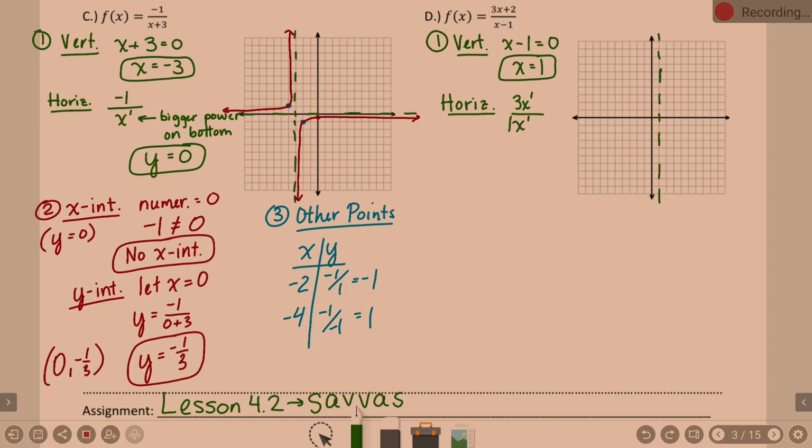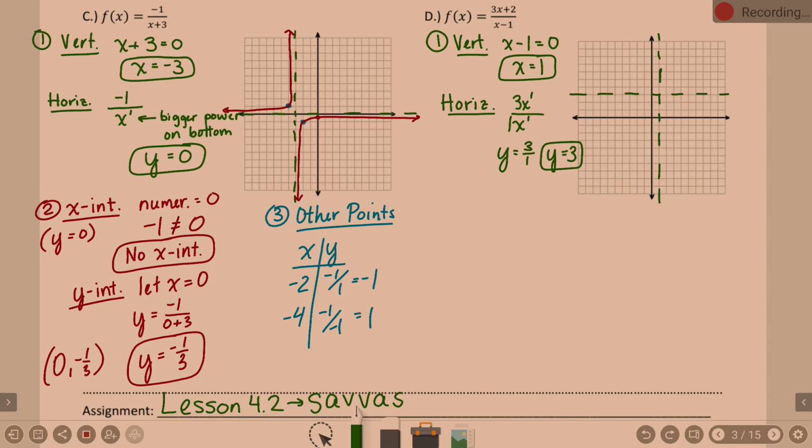So we're going to use y equals 3 over 1, or in other words, y equals 3. Horizontal, like the horizon. So horizontal asymptote of 3 is going to take me up 3. Okay. There's half of what you need to pick out the Savas graph.